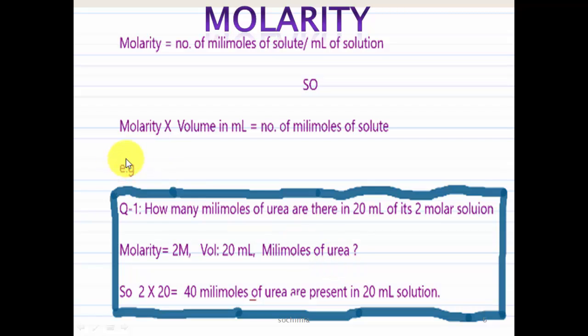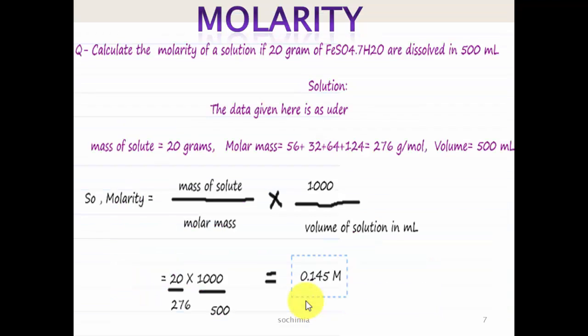Molarity multiplied by volume in ml is equal to the number of millimoles, which is 40 millimoles of urea present in this solution.